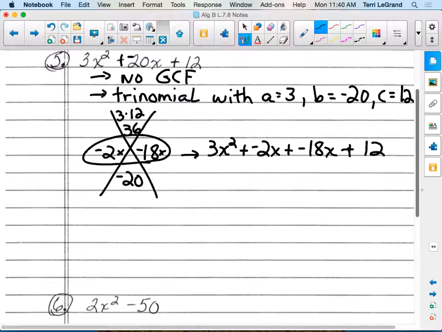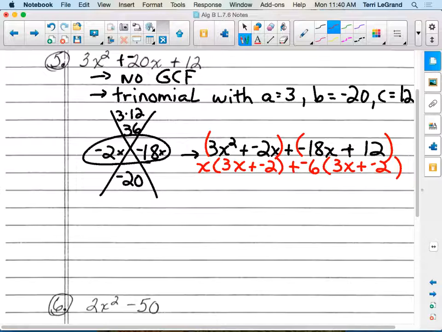Make your groups. We need matching factors, right?